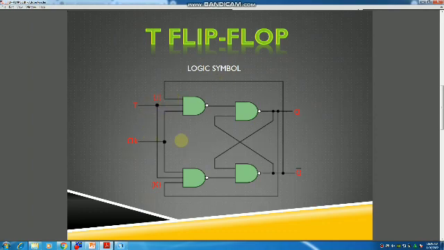Then we have here the Q, which is the output of this T flip-flop, and our Q bar, which is the inverse of our output values.